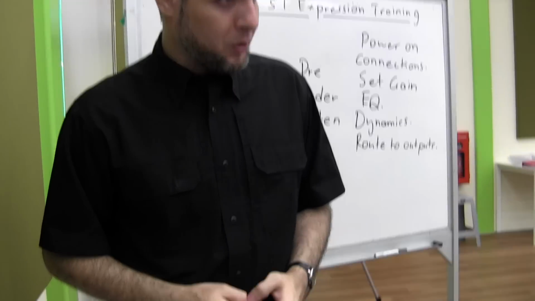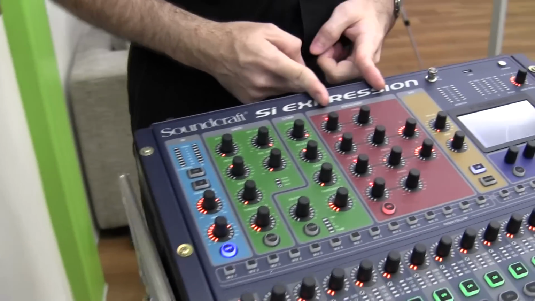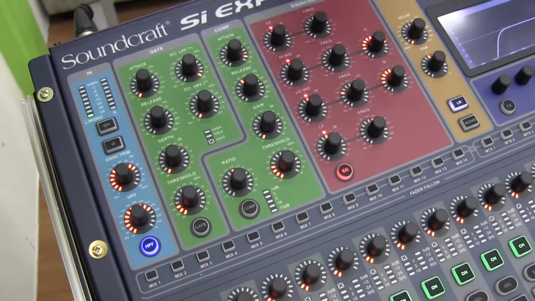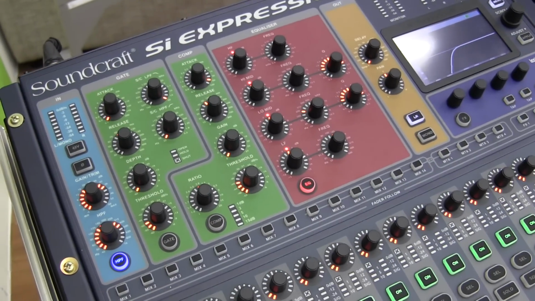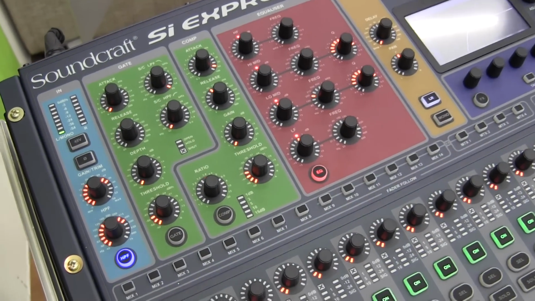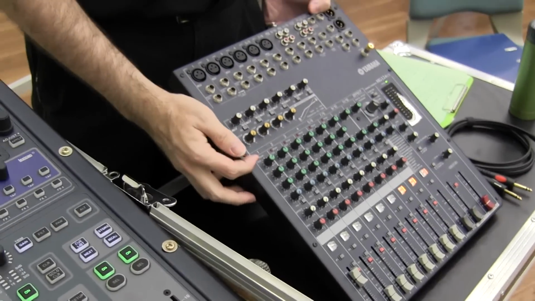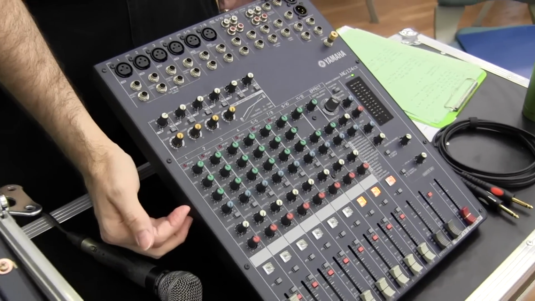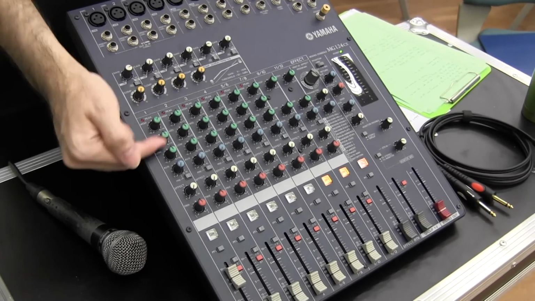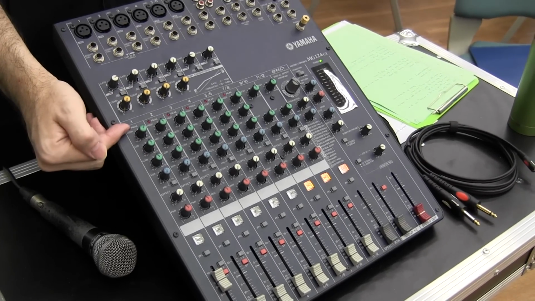Now, I'm going to skip gate and compressor for now, and I'm going to move on to the EQ section. The reason I'm skipping that is that it's not present on this mixer. So on the analog mixer, you have a very simple, what we call 3-band fixed EQ. You had a low, a mid, and a high.